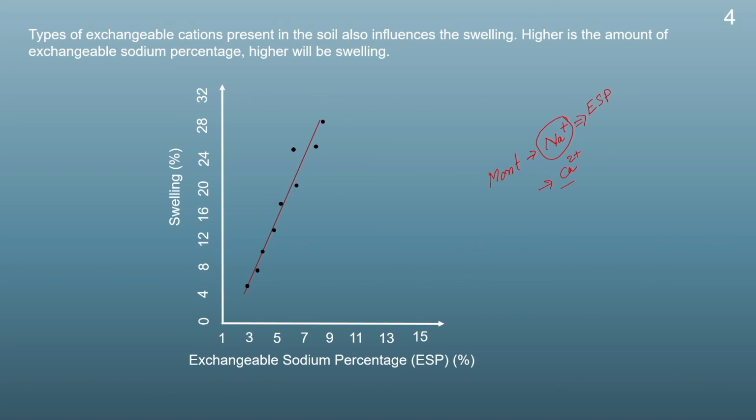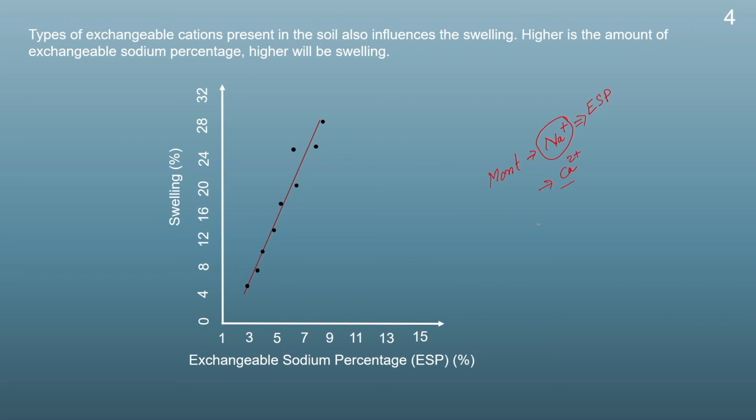That is the amount of sodium present in terms of the total amount of exchangeable cations. In this diagram we can see the higher the exchangeable sodium percentage, the higher the swelling. Similarly, if the mineral has a higher amount of calcium, potassium, or magnesium as an exchangeable cation, the swelling will be less.